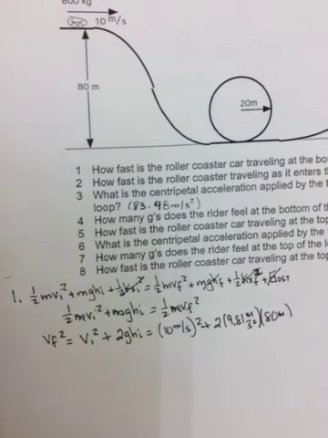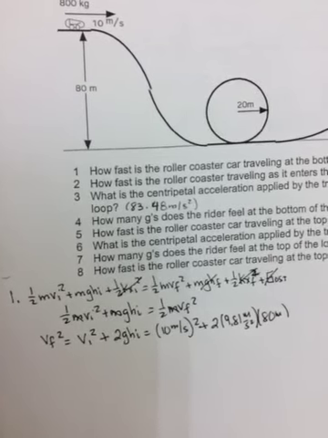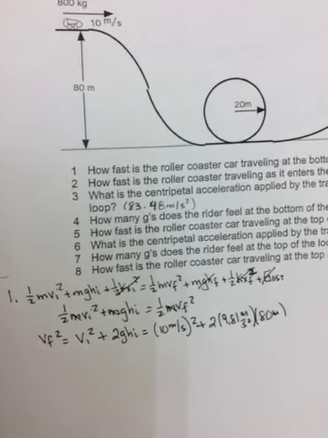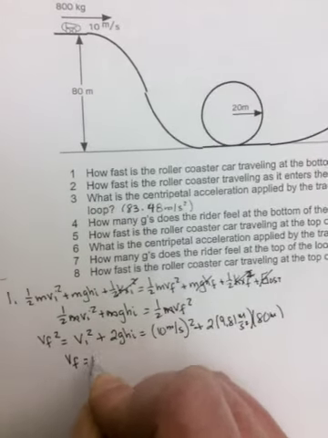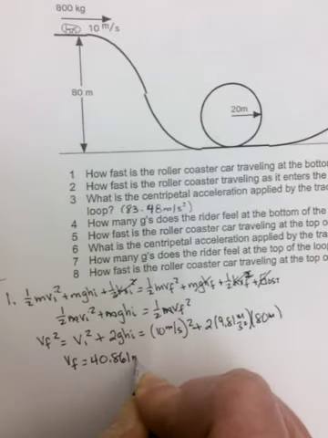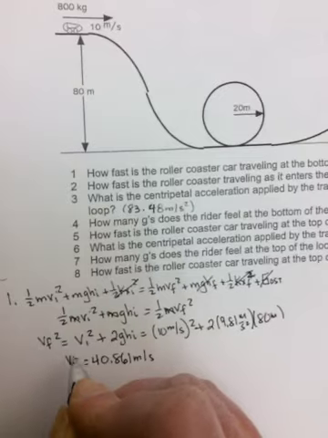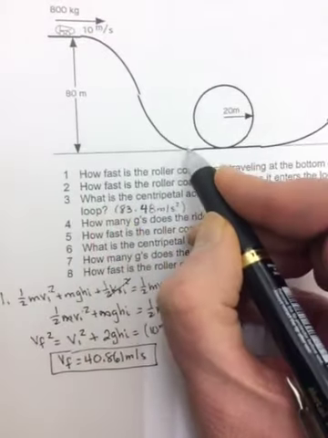So 100 plus 19.62 times 80, and then take the square root. You should get 40, so VF should be 40.861 meters per second. It's really 0.7, etc. That's number 1, the speed at the bottom.